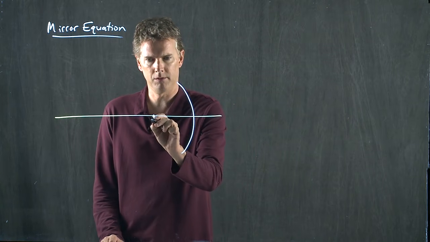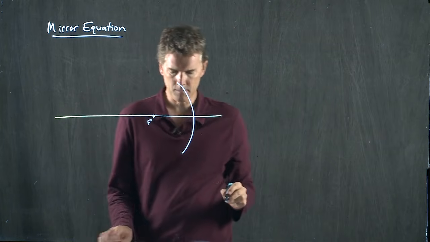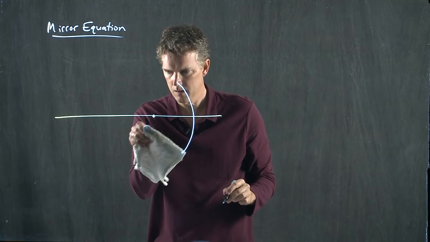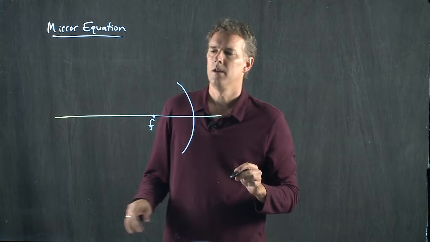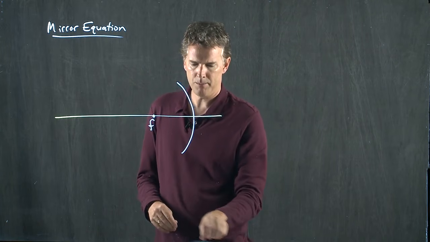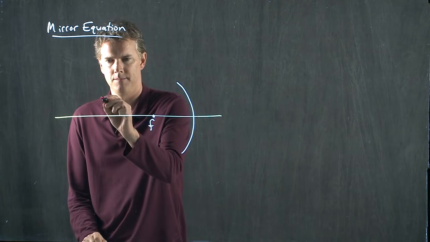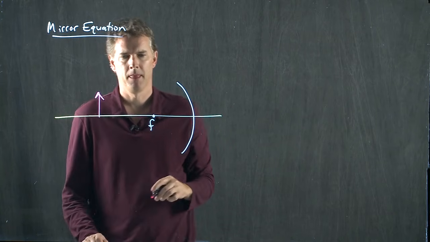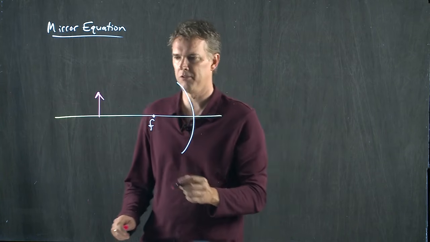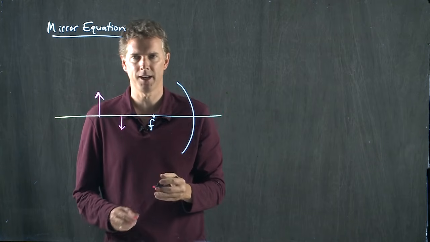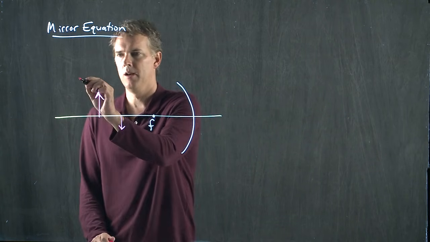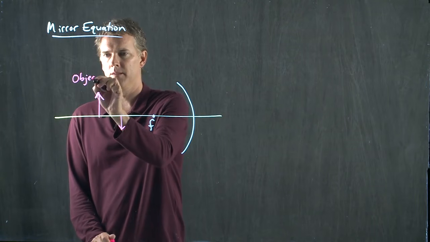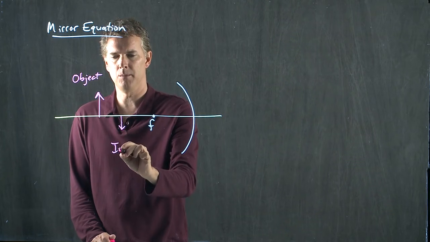Had a focus about there. And when we have an object, we know that it's going to form some image somewhere. We're not exactly sure where yet, but this thing is our object. This is our image.